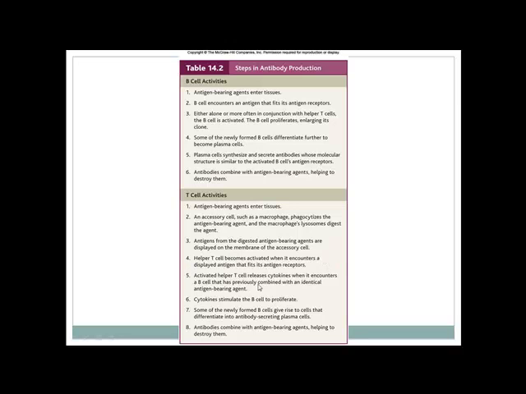The activated helper T cell will release cytokines when it encounters a B cell that is previously combined with an identical antigen-bearing agent. Those cytokines tell that B cell, activate, start dividing. Alright, some of those newly formed B cells give rise to cells such as plasma cells. Those guys make antibodies. Antibodies go and destroy the foreign invader.